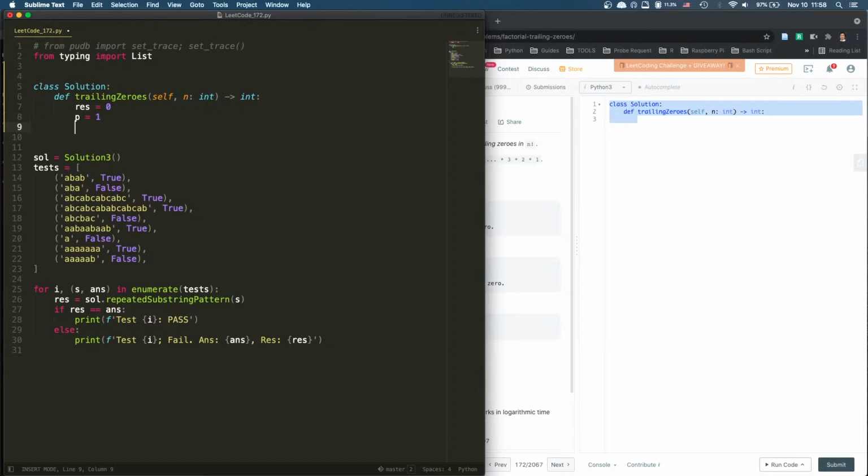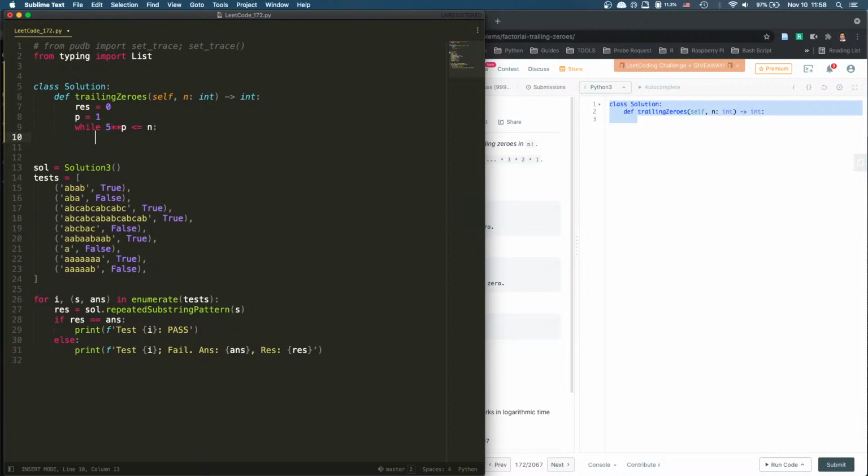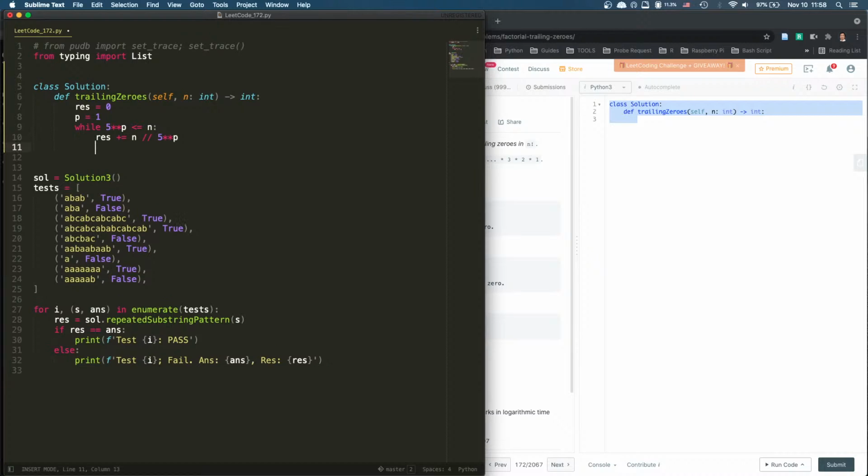Then we say while 5 to the p is smaller or equal to n, res plus equals n divided by 5 to the p, and p plus equals 1. Now I want to avoid using log, so we just use this, and once it breaks out, we return res.